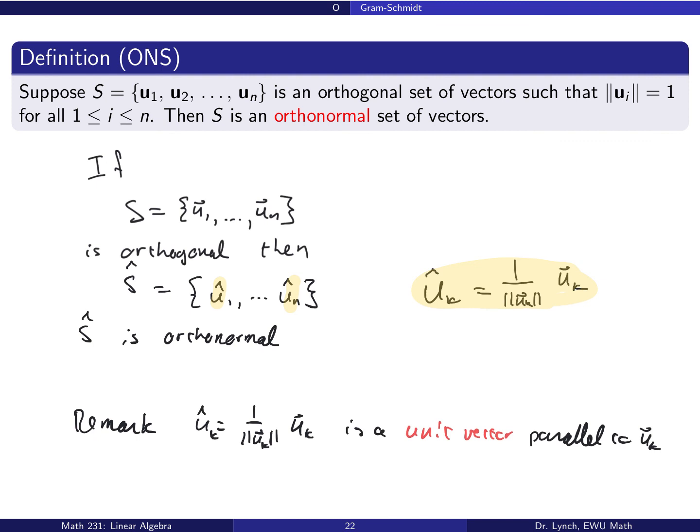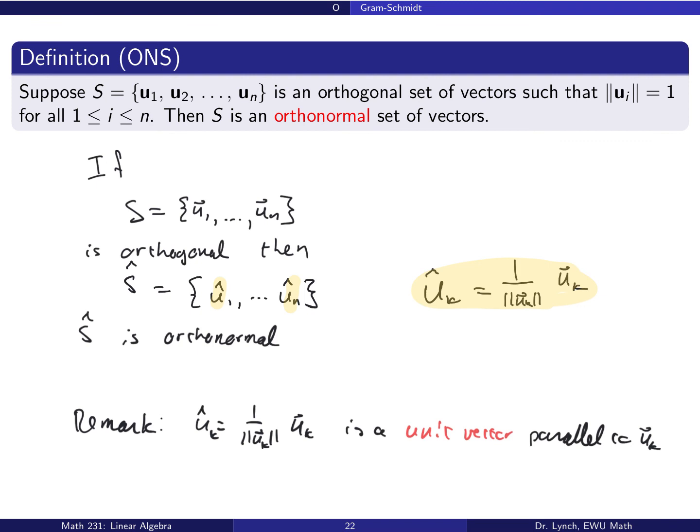As a remark, when UK hat is the vector UK over the norm of UK, then UK hat is called a unit vector that's parallel to UK.